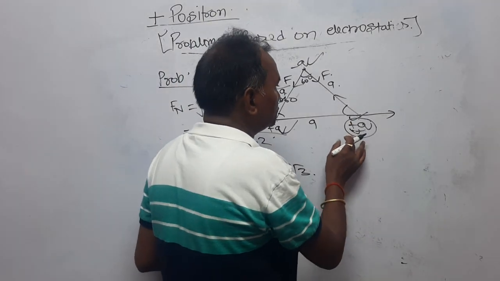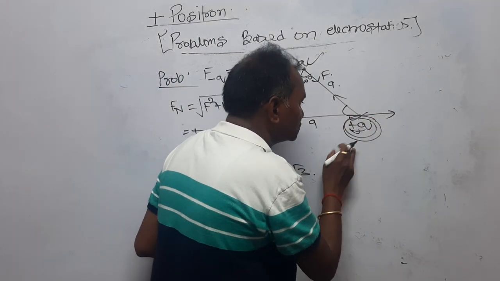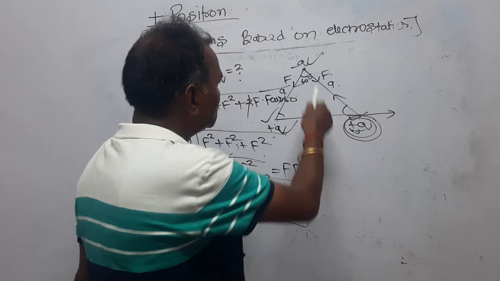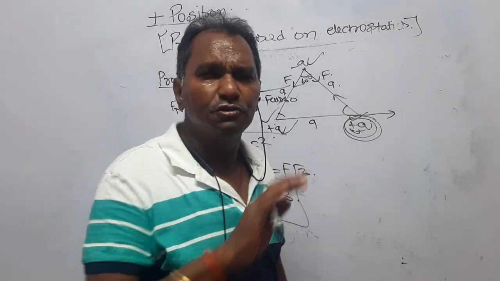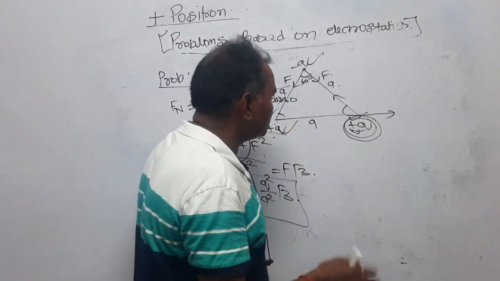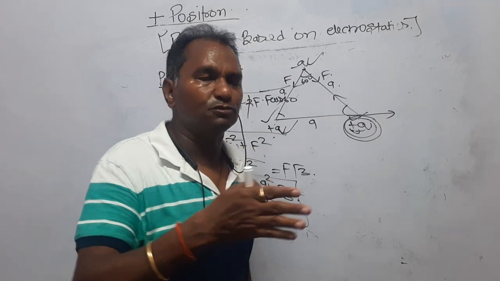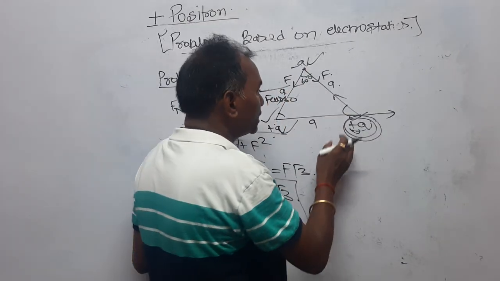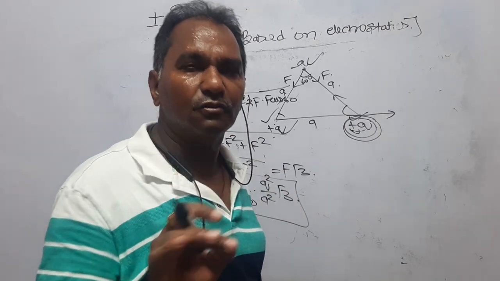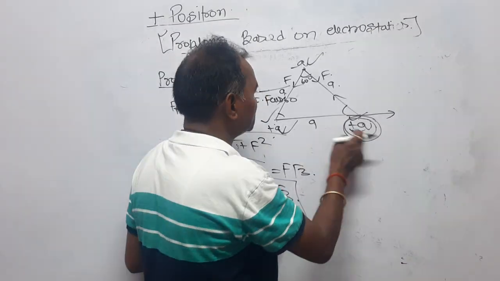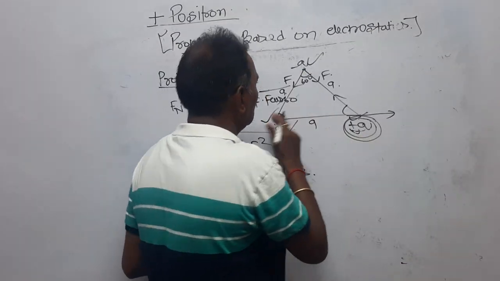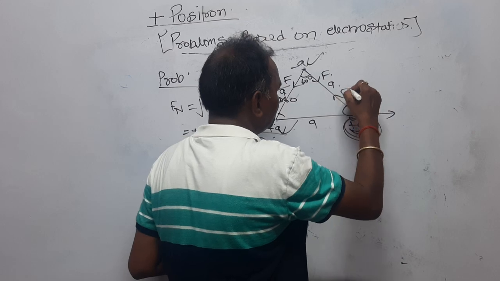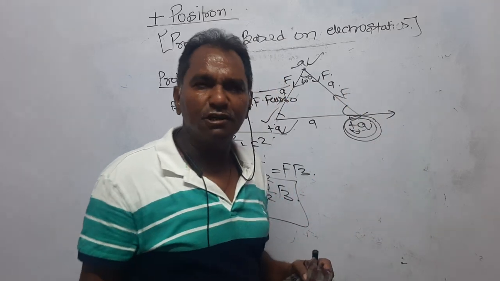What you are going to do is find out the force acting on this plus Q charge due to these two charges. This very charge will attract like this. Again, the combination is the same.